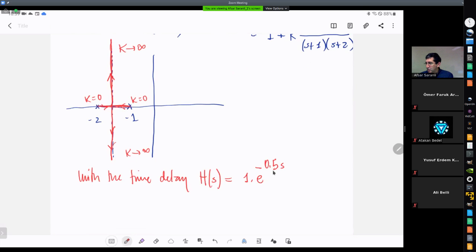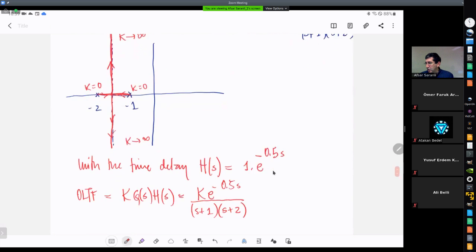All right, so what is our open loop transfer function? It is given by K times G of s H of s, and that is equal to K e to the power minus 0.5 s over (s plus 1)(s plus 2).